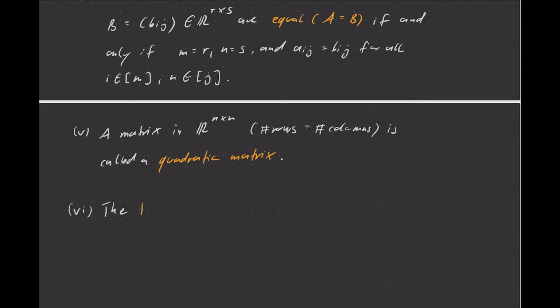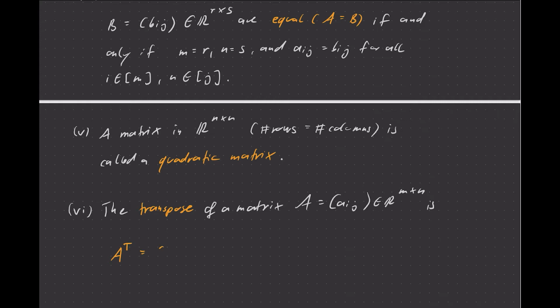The transpose of a matrix A with entries Aij in R^(m×n) is the matrix A transpose. We'll denote this by a T superscript.